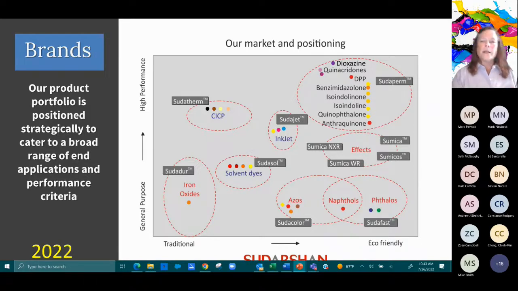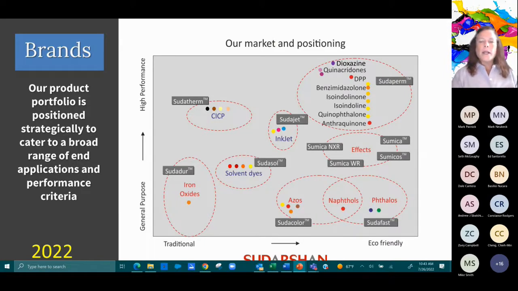For the inkjet area, we have our Sudarjets, as well as our solvent dyes with the Sudasols and our Azos, and in the Sudacolor, as well as our Phthalos in the Sudafast.